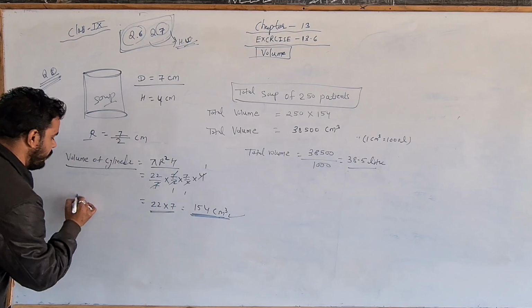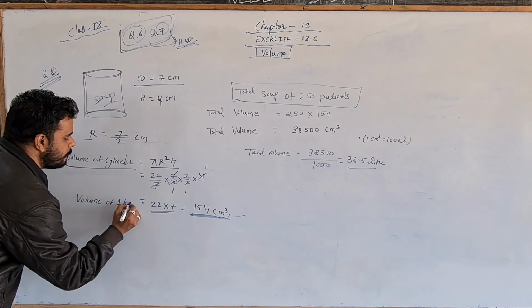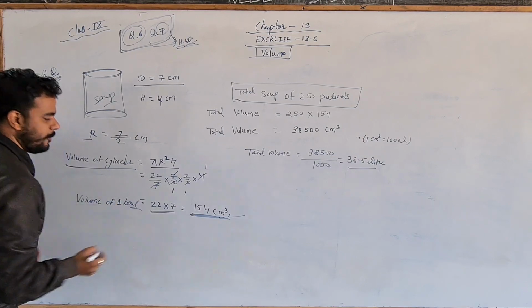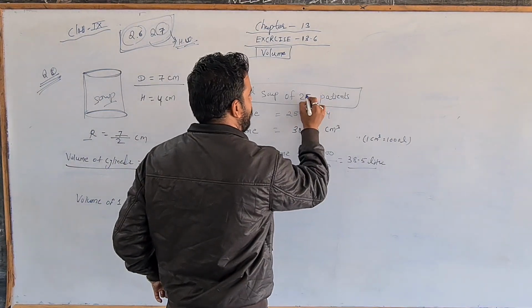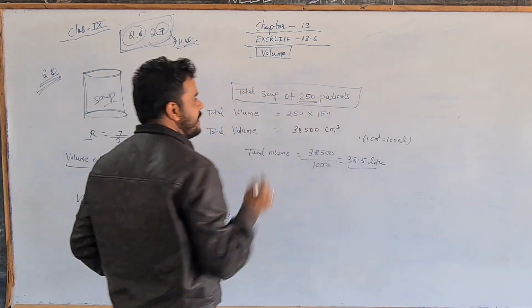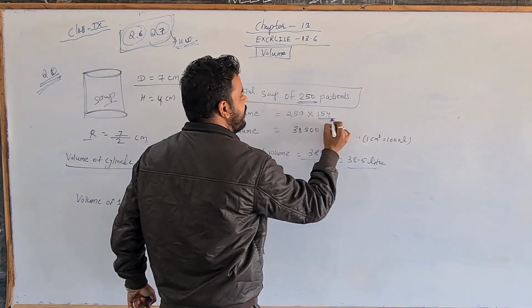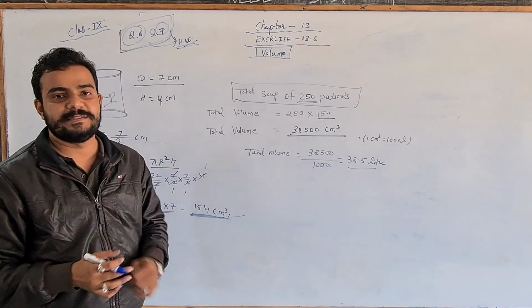That is the volume of one bowl, for one patient. Now in the hospital 250 patients are there. So the total volume for 250 patients is 250 multiplied by 154, then we get 38500 centimeter cube as our answer.